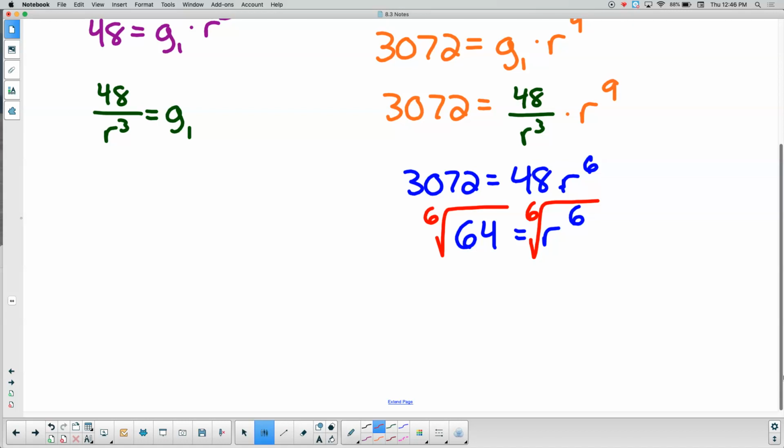I want to do that in my calculator with the sixth root. Each calculator is different. Your calculator is only giving you the principal root.